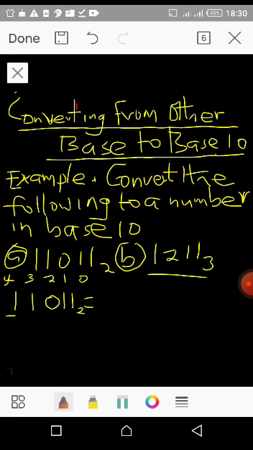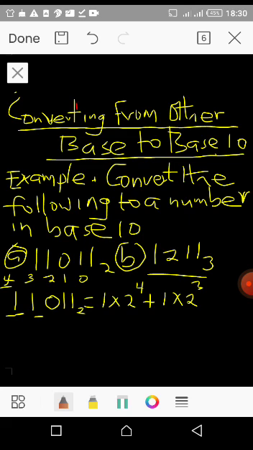Starting with the first digit, it is 1 times 2, the base, raised to the power of the place value, which is 4.